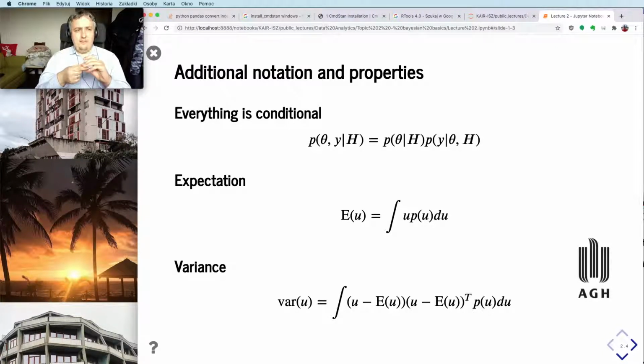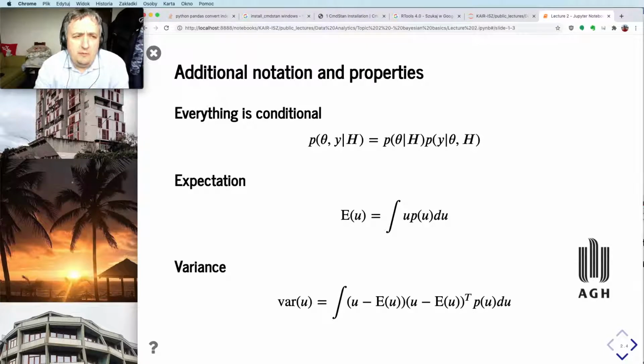Because in every situation we have certain idealizing assumptions that remove this conditioning, but very often we just don't discuss it, because we don't use those assumptions too much, or they are common for the entire model, and they just clutter our notation. But generally, everything is conditional on some kind of information that we have.